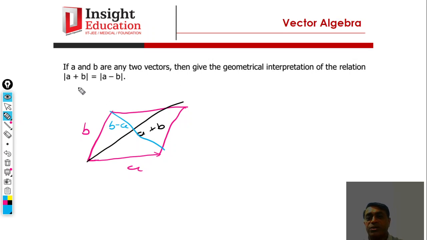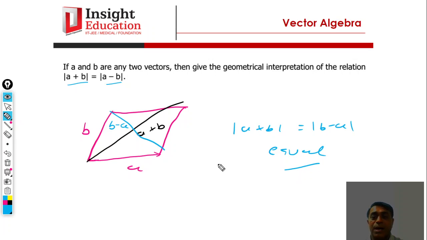According to the relation, a plus b and a minus b, it means the magnitude of a plus b and the magnitude of b minus a are both the same. If the magnitude is the same, it means these diagonals are equal.